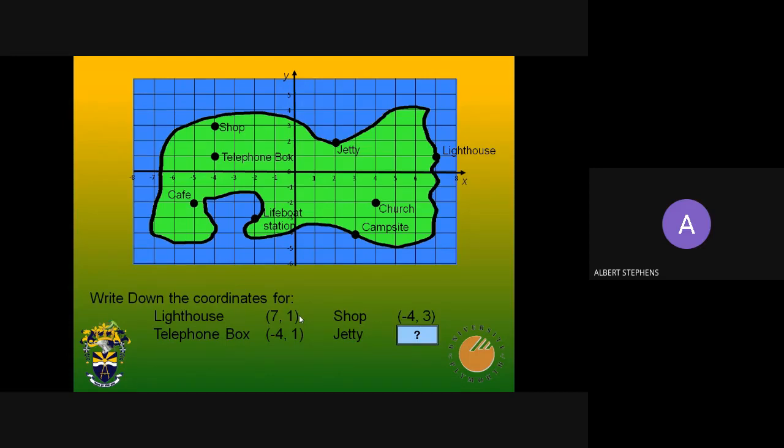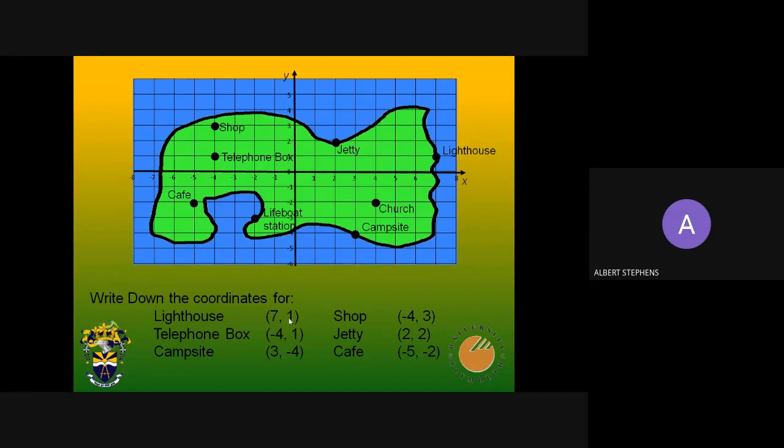What about the jetty? (2, 2). All right. Campsite, cafe. The cafe is (-5, -2). What about the campsite? (3, -4). You're all correct.